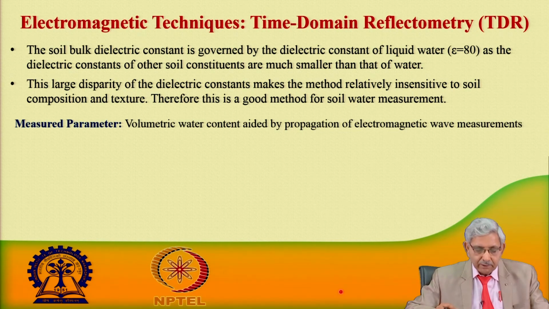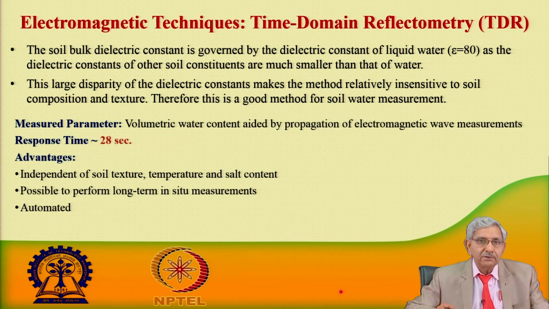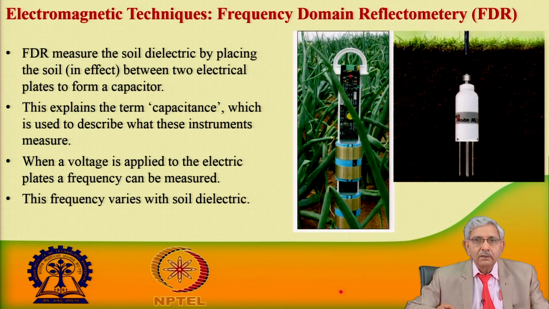The major parameter is volumetric water content, and the response time is very fast, less than 28 seconds. There are certain advantages, the only drawback being that it is quite expensive equipment, and the system can be automated.